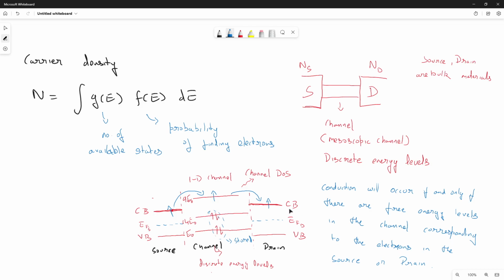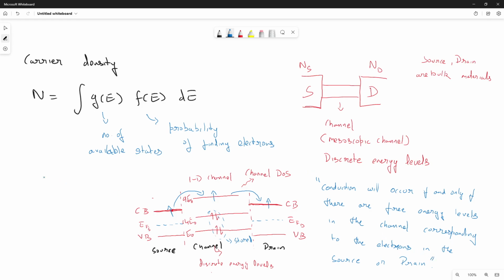It can also lose and then gain energy depending on the available energy levels. Is that clear? So this is how conduction occurs. This is essentially the idea that you will see. There will be detailed derivations for how this conduction happens.